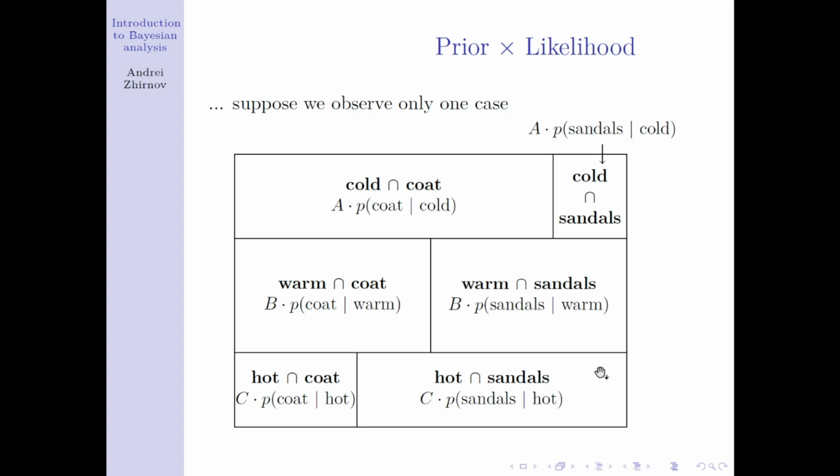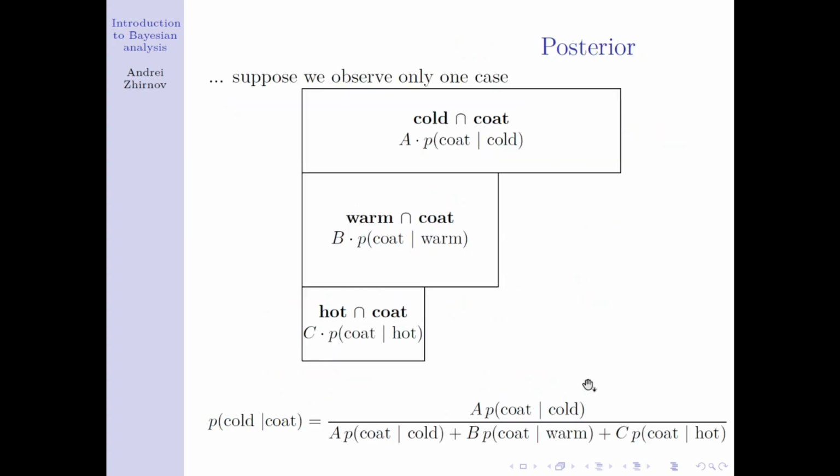Now, once we observe the data, once we observe a person wearing something, we can get rid of all the segments of this big rectangle that have not happened. If, for example, we have observed that a person is wearing a coat, we can remove this segment, and this segment, which will give us the following weirdly shaped picture.